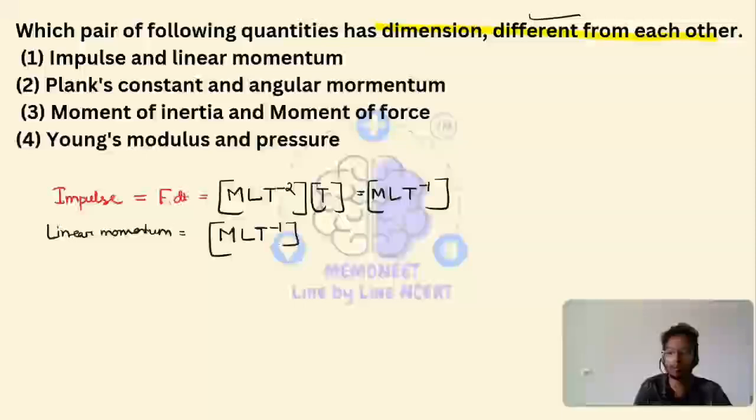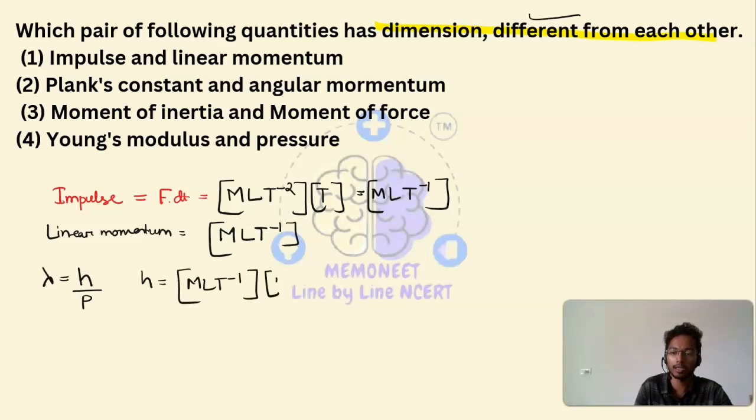Planck's constant, we know that lambda is equal to h upon p. So here lambda is in meter, and for h we have the dimension. P is the momentum, that is m L t to the power minus 1, and for lambda we have length, so h is m L square t to the power minus 1.